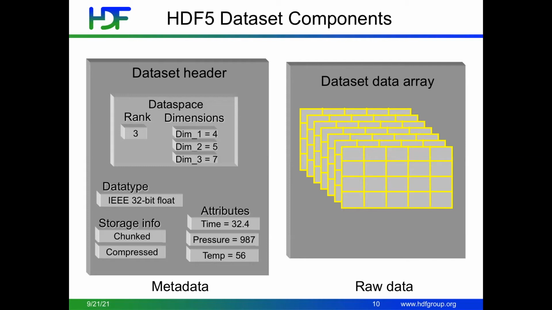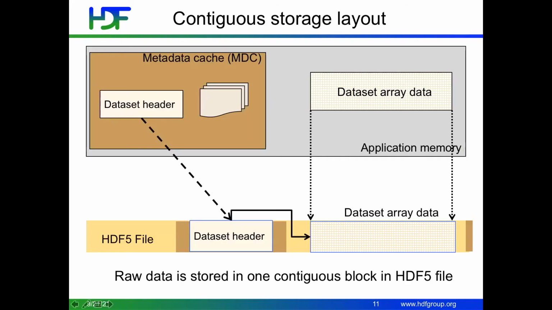It is stored in the so-called dataset header. It is a small object that is stored as a separate entity in the HDF5 file, and it contains information about dimensionality and about data type. It also contains user-defined metadata as attributes, and it has information about storage, how the dataset is stored. Is it chunked? Is it compressed? Is it contiguous storage, and so on.